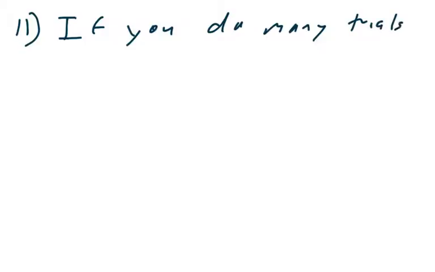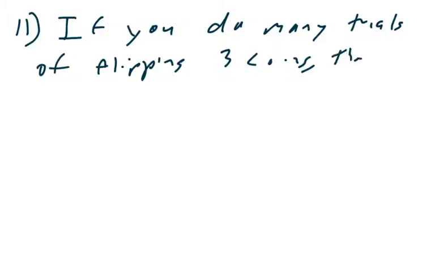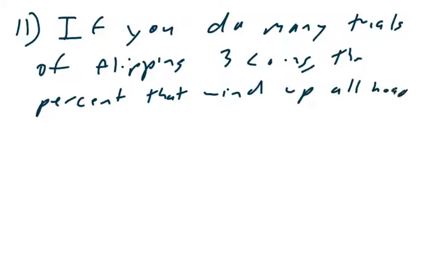In problem number 11, basically it means that if you do many trials of flipping 3 coins, the percent that wind up all heads is 12.5%.